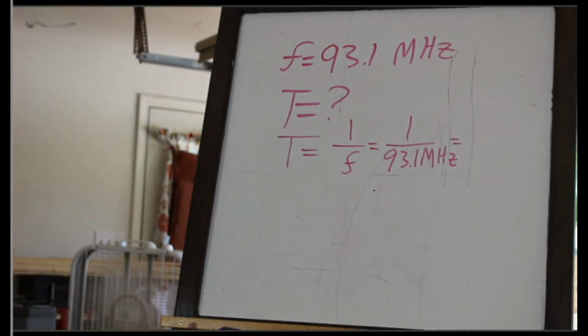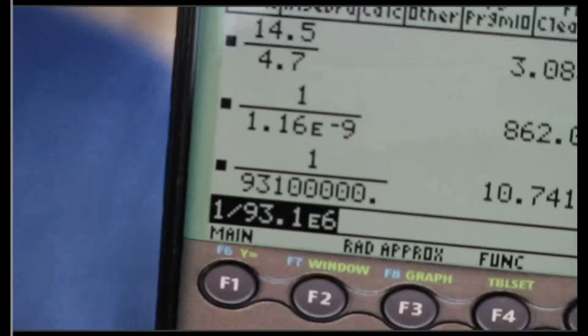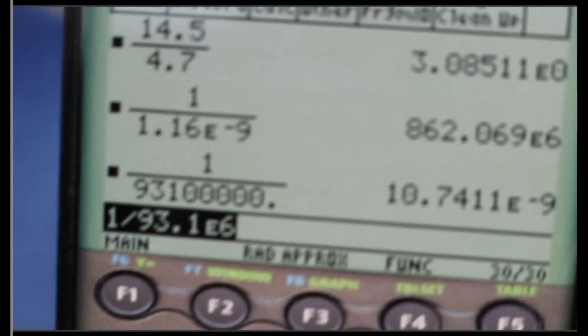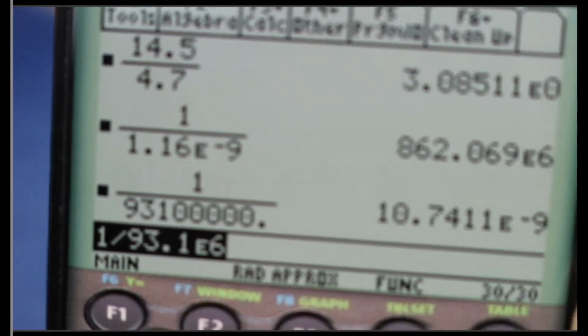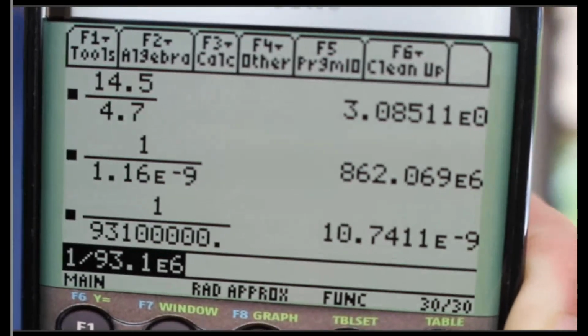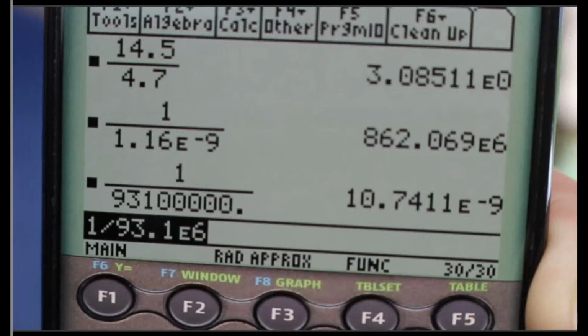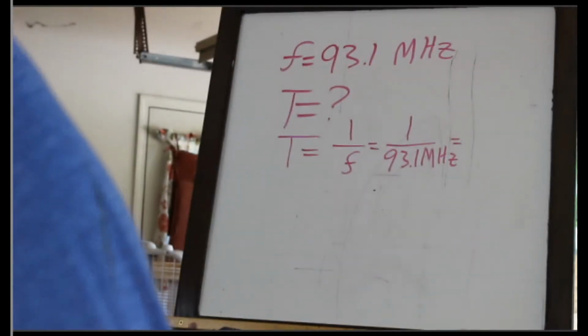Let me get back over to us. So you can see there, 1 divided by 93.1 times 10 to the 6th gives me 10.7 nanoseconds. Nano is -9. Okay? So just to show you how I'm doing that on my calculator.